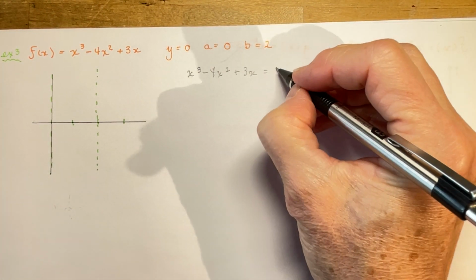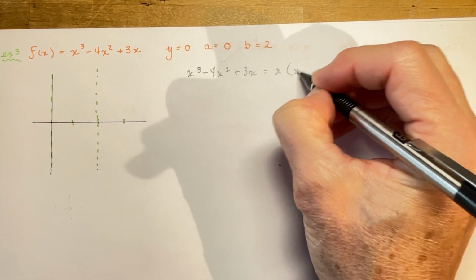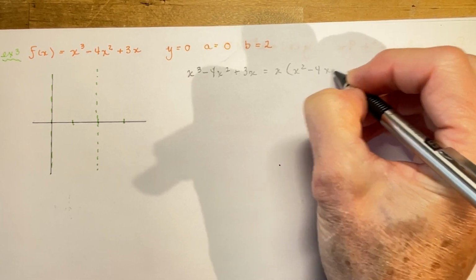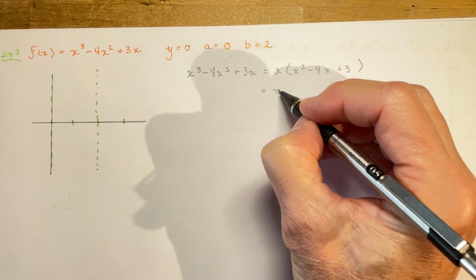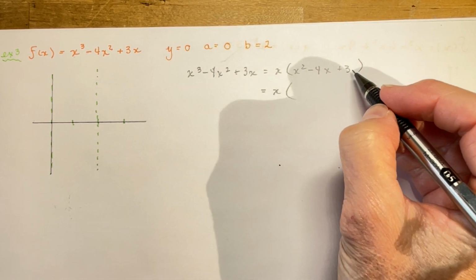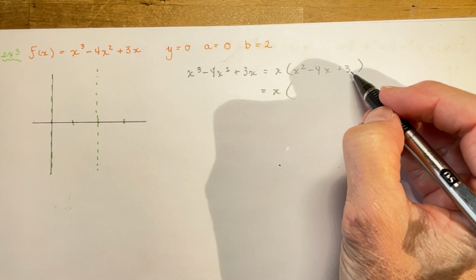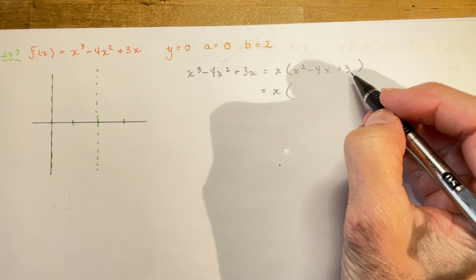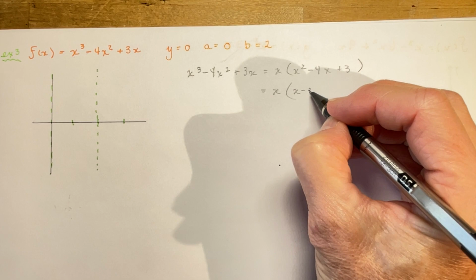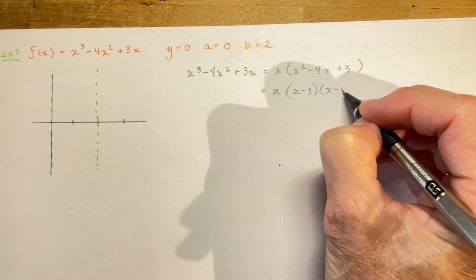Absolutely. In this case, we have an x. So I have x squared minus 4x plus 3. And I need to factor this. So it multiplies to 3 and adds to negative 4. So minus 3, minus 1, right? x minus 3, x minus 1.